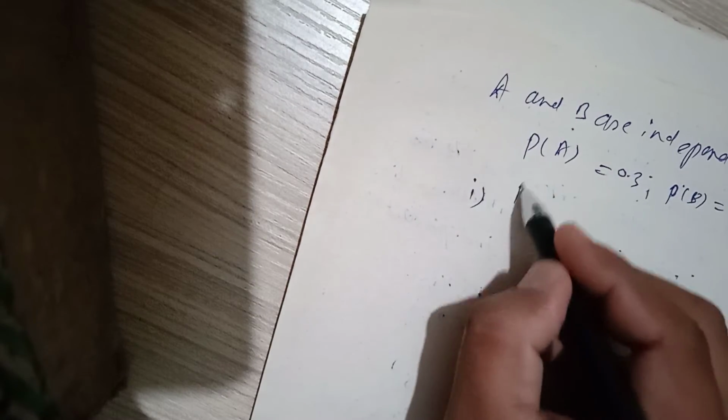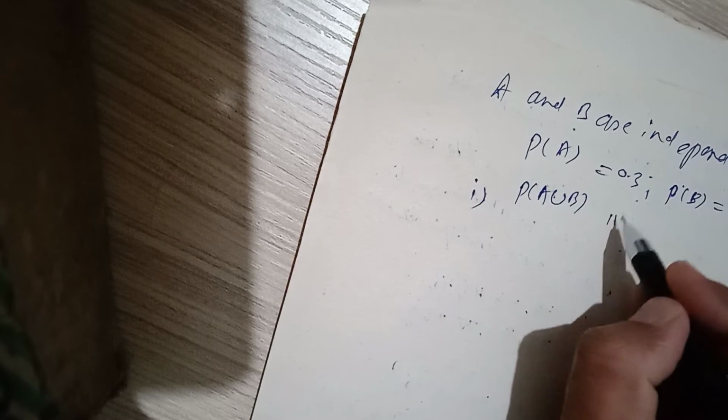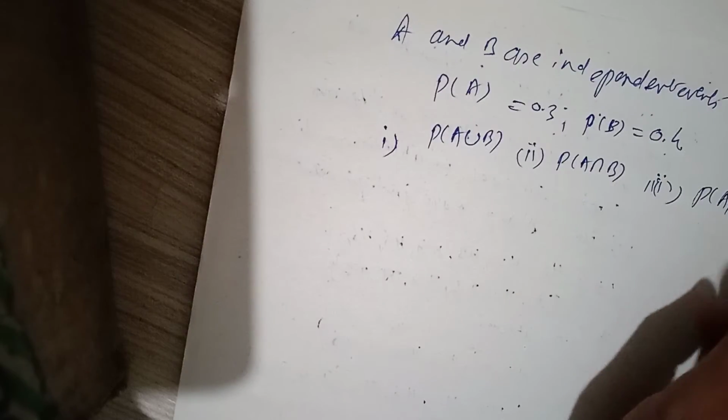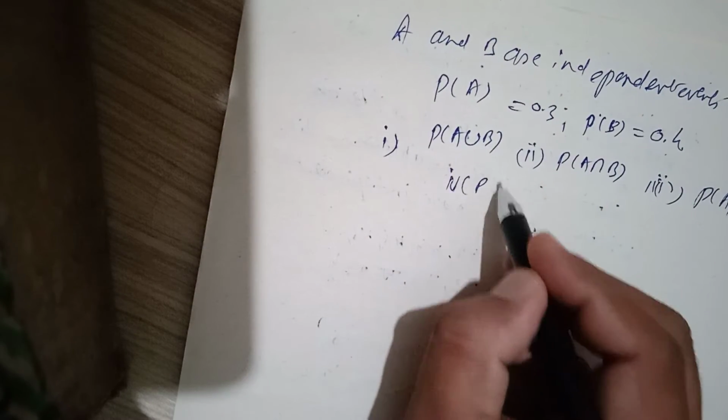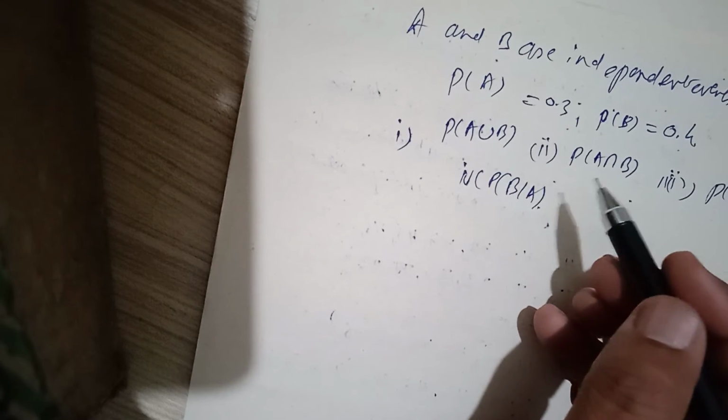You have to find first P of A union B, second P of A intersection B, third P of A given B, fourth P of B given A. Clear?